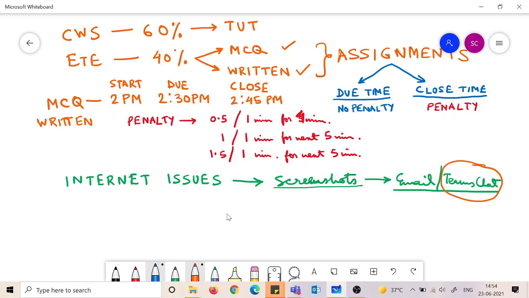If someone attempts more questions and gets them correct, he or she will get more marks. Suppose the MCQ has 100 questions, and someone is able to answer 90 questions, and someone else is able to answer 80 questions.